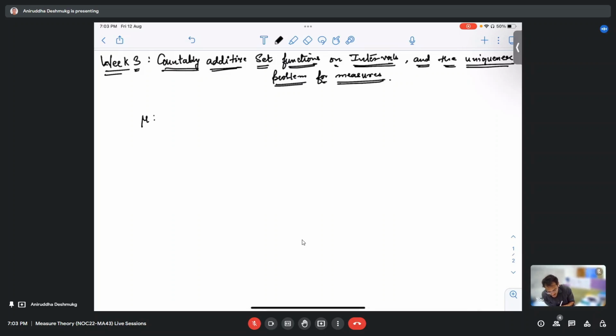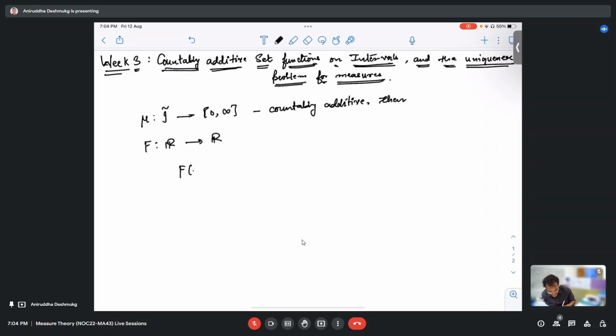Suppose we have a countably additive set function from the set of all left open right closed intervals to [0, infinity]. Then we can define this f from R to R.